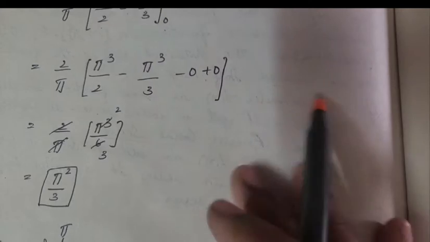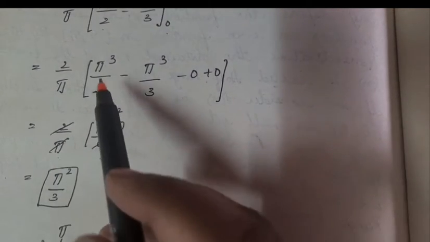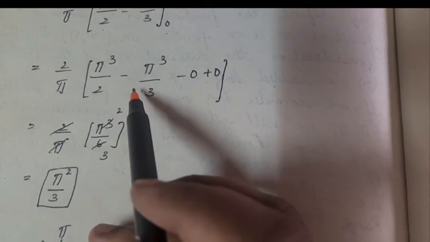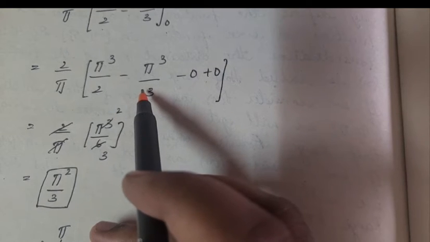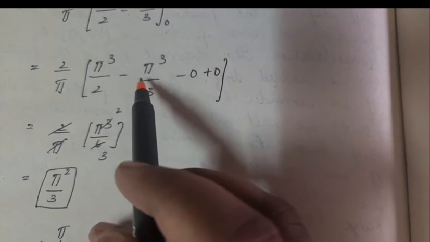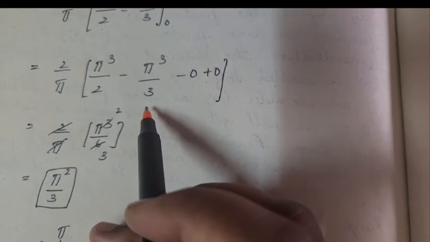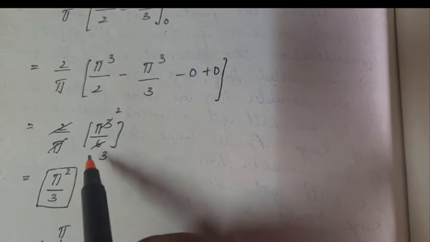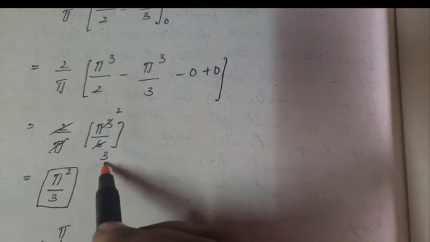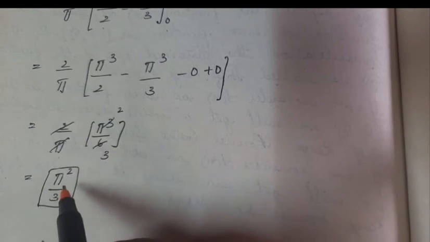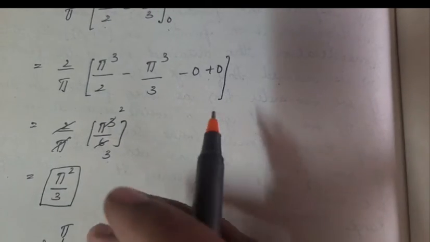So this is equal to 2 by pi into pi cube by 2 minus pi cube by 3. This is pi cube by 6. 2 and 6 get cancelled to 3. So this is equal to pi square by 3. So the a0 value is pi square by 3. So this is our a0.